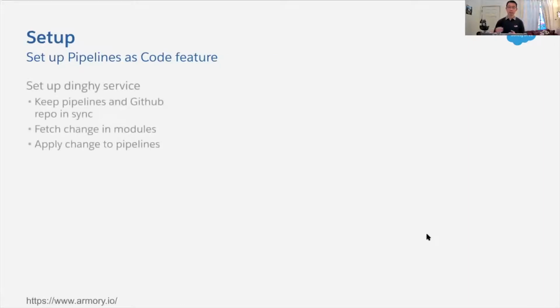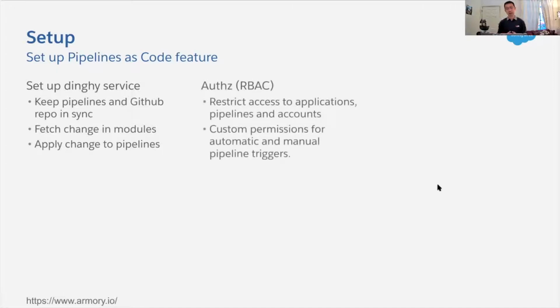For setting up the pipeline code feature, this includes the Dinghy service. This service keeps pipelines and the GitHub repo in sync, and it fetches changes in modules. It applies changes to pipelines. Another key feature to enable is RBAC, the role-based access control. This is a very critical capability we need to enable because we need to restrict access to applications, pipelines, and accounts.